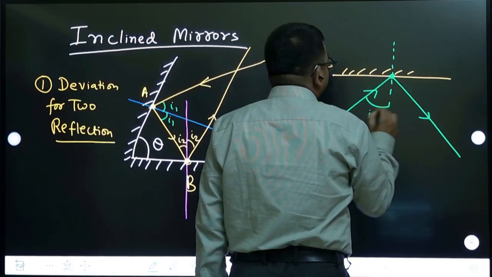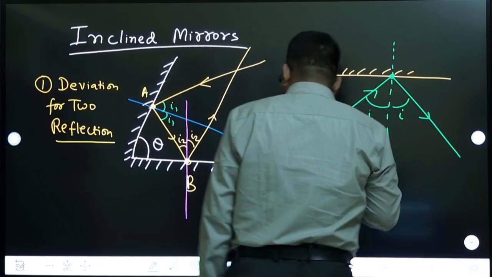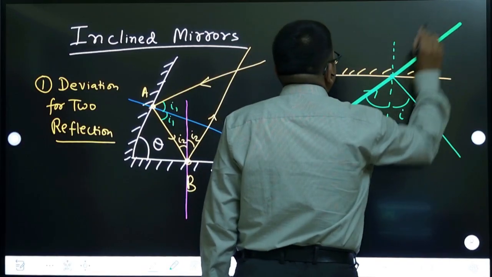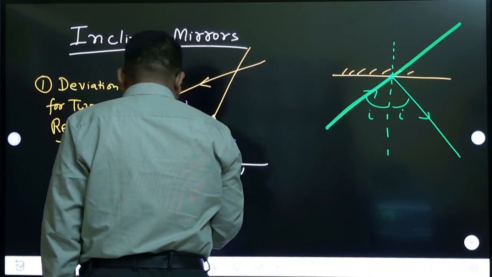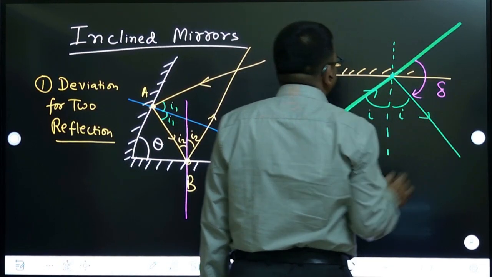So this is angle i, this is also angle i. If this mirror was not there, then this ray would have gone in this direction, but it is turning this way. So that angle is called deviation.